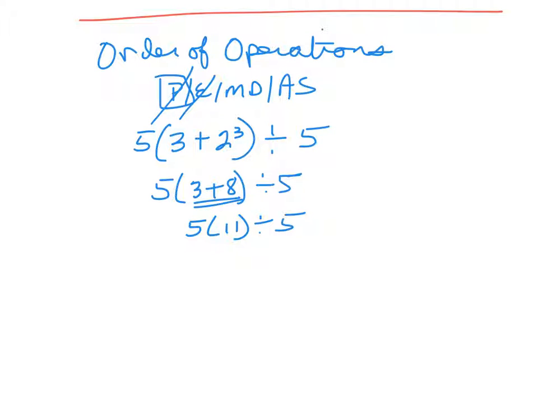And then remember, we're going to multiply and divide from left to right. So the first thing I need to do is take 5 times 11 and get 55. And then take 55 and divide it by 5 and end up right back at 11. And there's no add or subtract left. So we're going to have some order of operations problems.